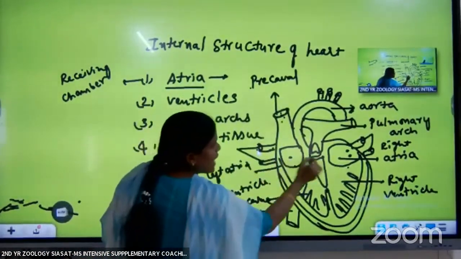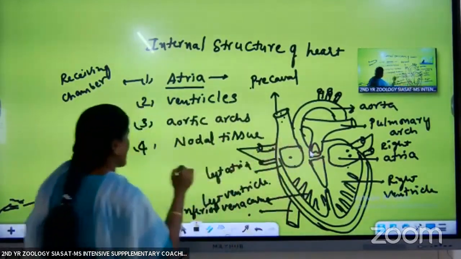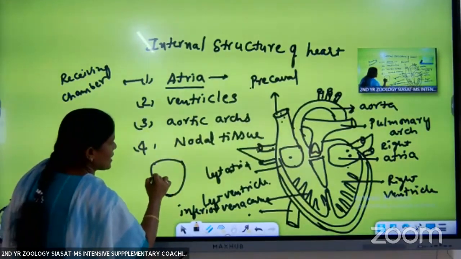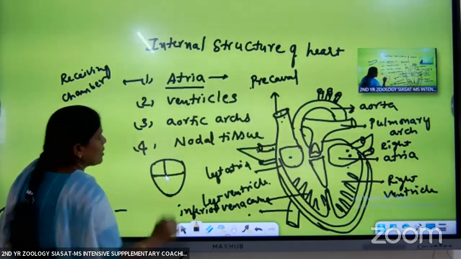Next, between the two atria, the septum is there. For example, I am drawing a rough diagram here. See this one, here the two atria are there, and between them the septum is there.